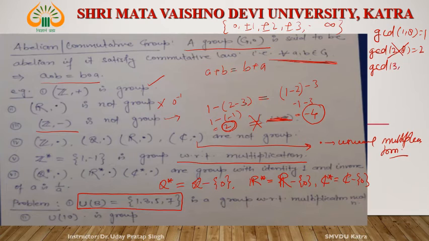GCD of 3 and 8? That is 1. 3 belongs to U8. GCD of 4 and 8? This is 4. 4 does not belong. GCD of 5 and 8? This is equal to 1, and 5 belongs to U8. Similarly 7. Then 4 elements are co-prime with 8: 1, 3, 5 and 7. Right?